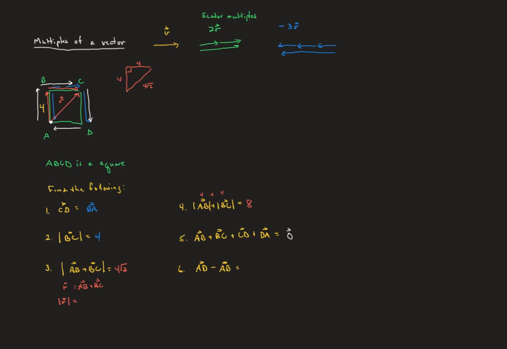Okay, let's see if we can do AD minus AB. I'm running out of colors here, so I think I'll go back to red. So here is our vector AD right here, and AB is right here, but the negative of that is going to change the direction and go this way. So this is vector AD, and we're going to add to that the negative of vector AB, which is BA.